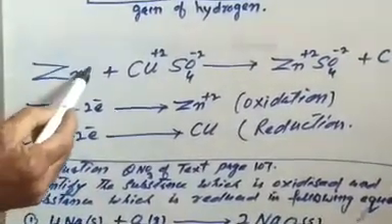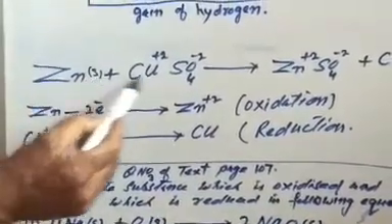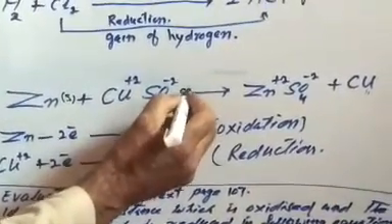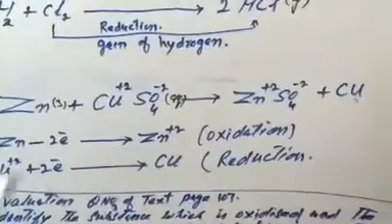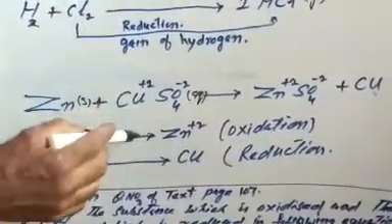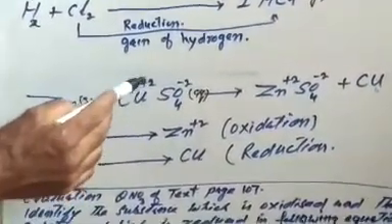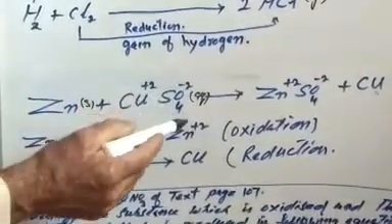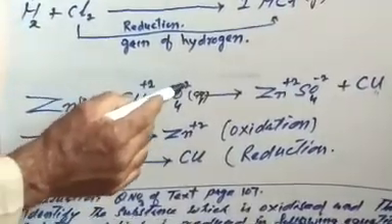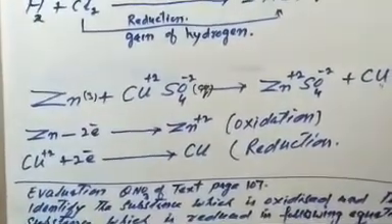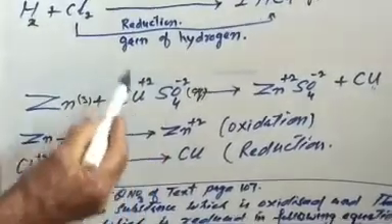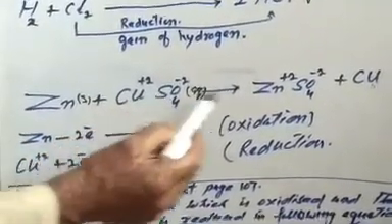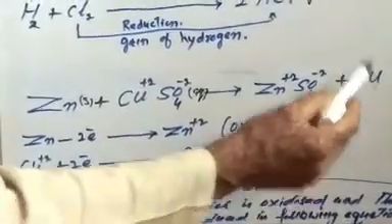If we add zinc solid to aqueous solution of copper sulfate, in aqueous solution of copper sulfate, copper exists as Cu2+ cations and sulfate exists as SO4 2- anion. In this reaction, a displacement reaction takes place. Here zinc displaces copper from copper sulfate and forms zinc sulfate and copper.